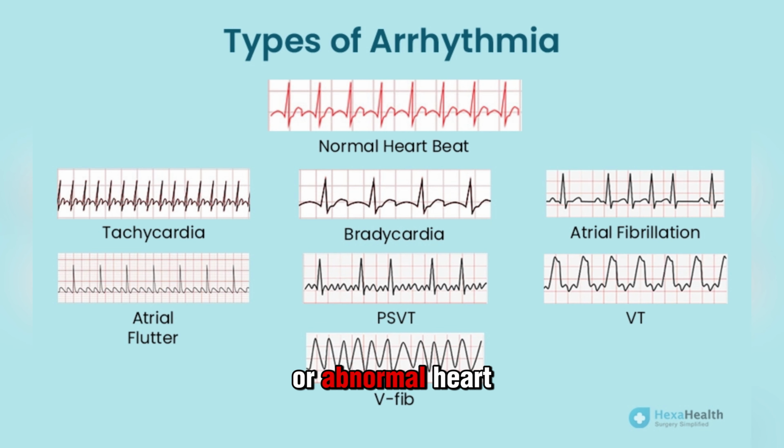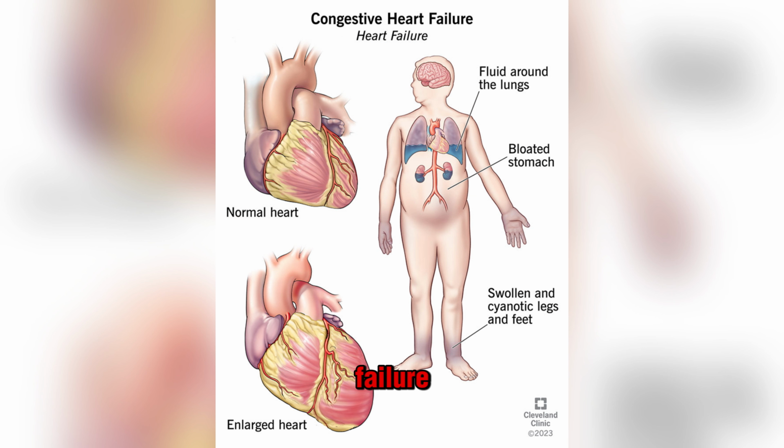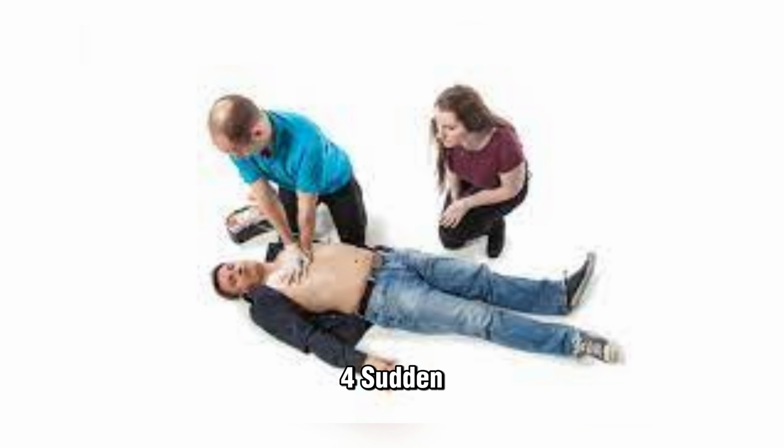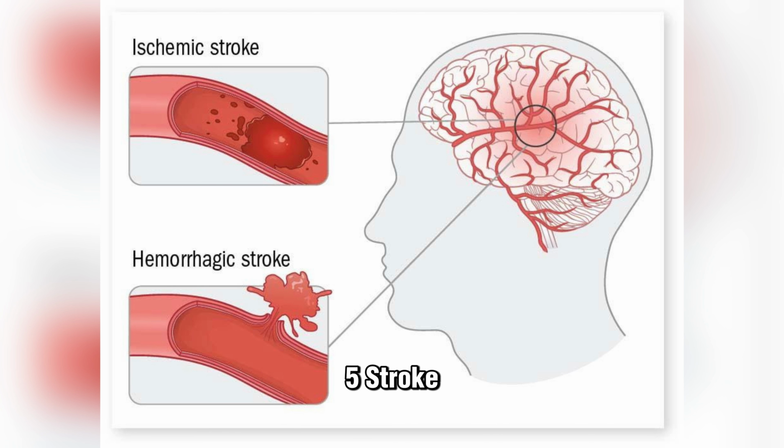Arrhythmia, or abnormal heart rhythm. 3. Heart failure. 4. Sudden cardiac arrest. 5. Stroke. Prevention. Scientists aren't sure what causes cyanotic heart disease, and there are no proven strategies to prevent it.